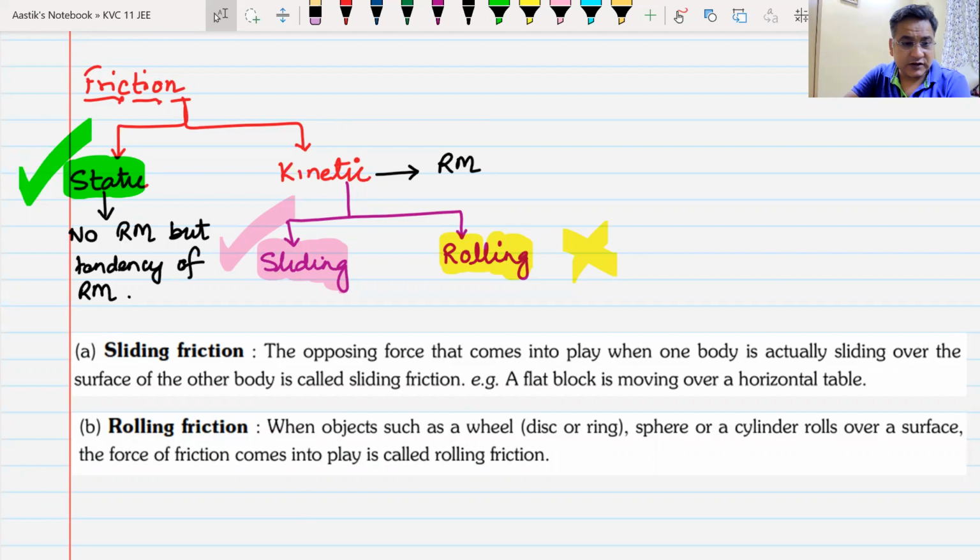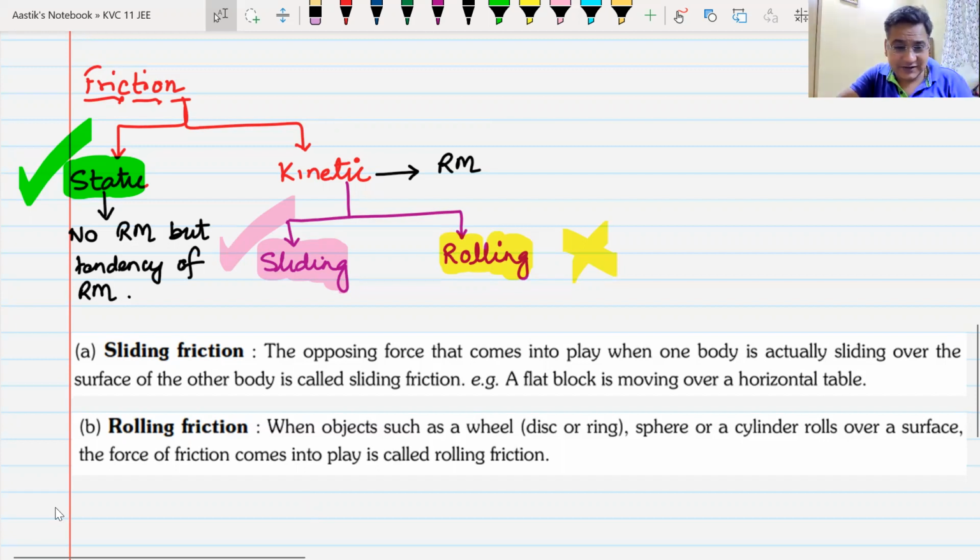Now you must have heard that rolling friction is less than sliding friction. Have you heard this? For example, if you have to pull or push a block over a surface, it is very tough to push that block.